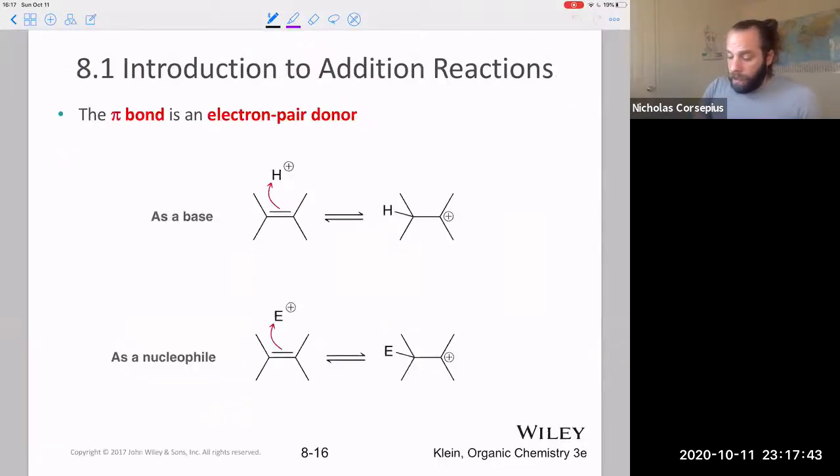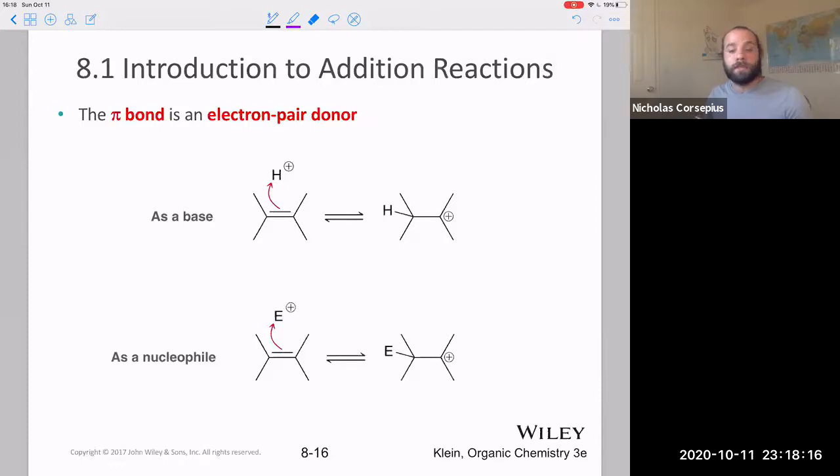In our addition reactions, we're going to see our double bond, the pi bond, playing the role of the electron pair donor, also referred to as the nucleophile. So this can either be as a base, an electron pair donor as a base, which really just means that the electrophile is a proton, or the electrophile can be an electrophile that's not a proton, in which case we would call it sort of a nucleophilic attack.